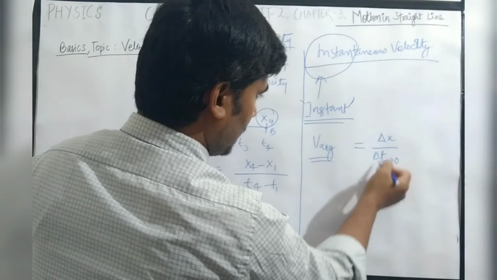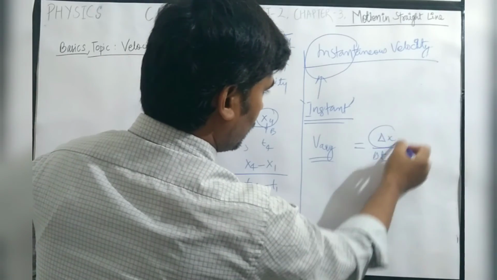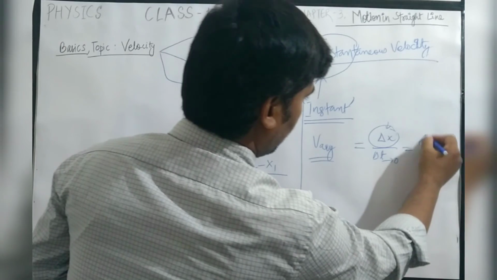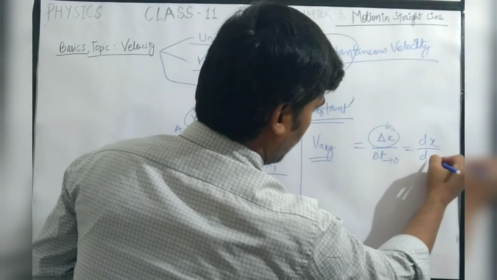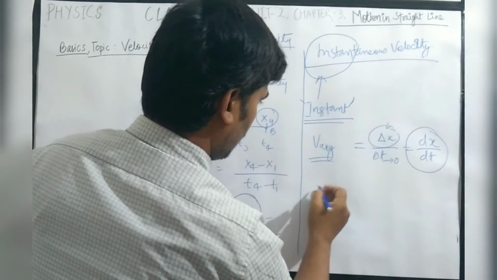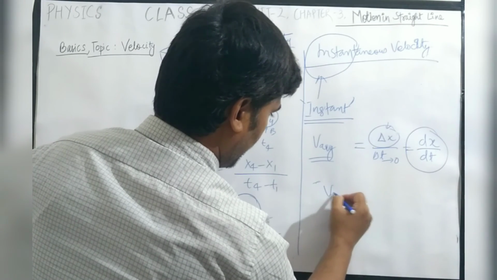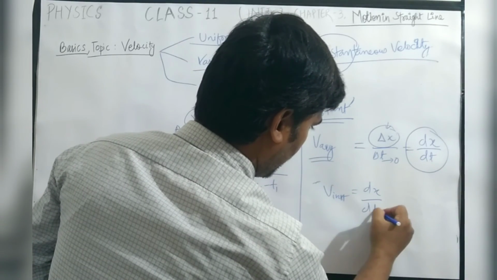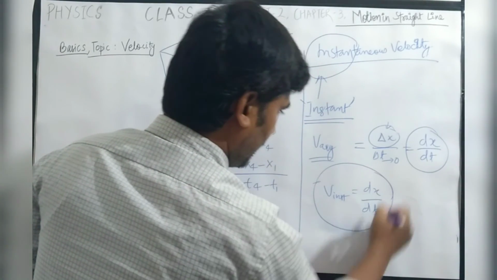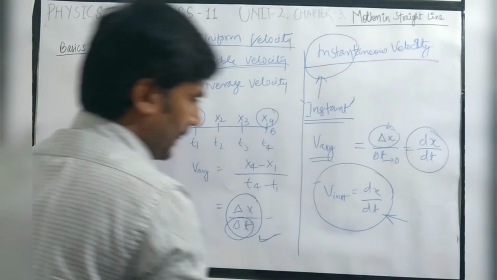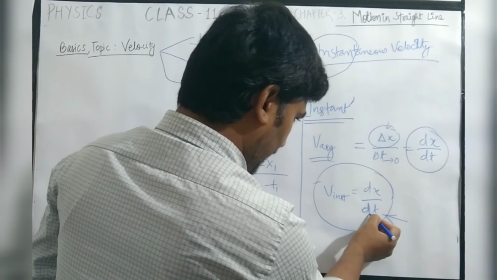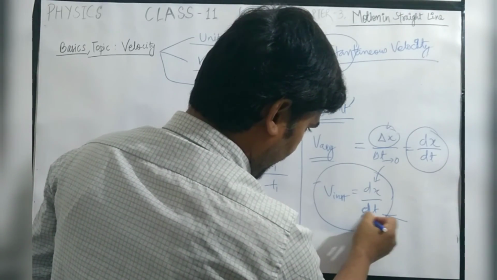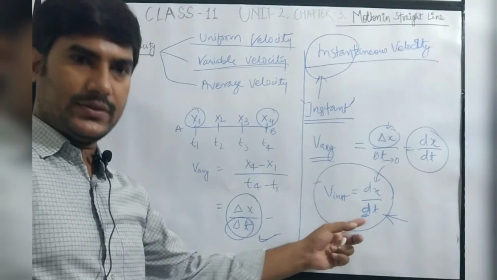Since this value is very small and we are calculating for a very small displacement, it reduces to dx upon dt. So velocity at an instant becomes dx upon dt. dx upon dt is a way of representing a small time interval and small displacement interval. This is a derivative, as we have discussed in calculus.